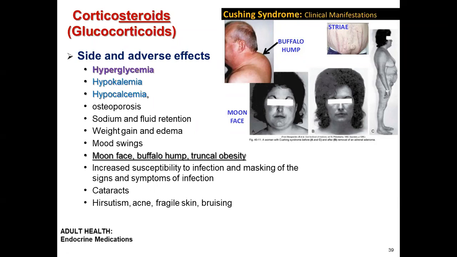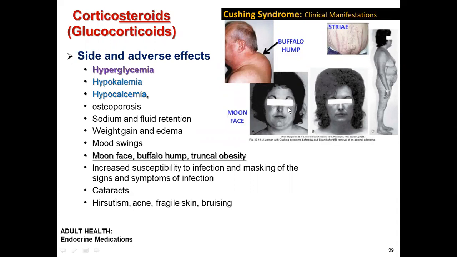mood switching, mood change. If anybody takes glucocorticoid or corticosteroid for a long time, they develop Cushing syndrome. And Cushing syndrome is an immunocompromised medical condition. The patient who develops Cushing syndrome has a buffalo hump, extra fat accumulating at the back of the neck.